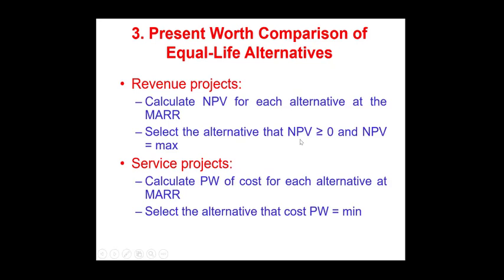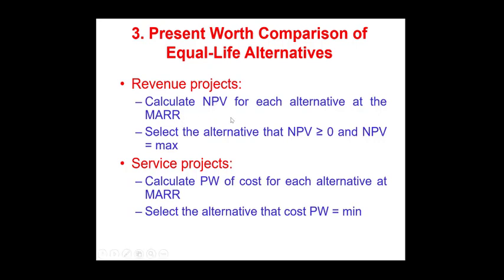And now we study the present worth comparison of equal life alternatives. For the comparison problems, there are 2 kinds of problems. The first kind of problem is a revenue project, and the second kind of problem is a service project.